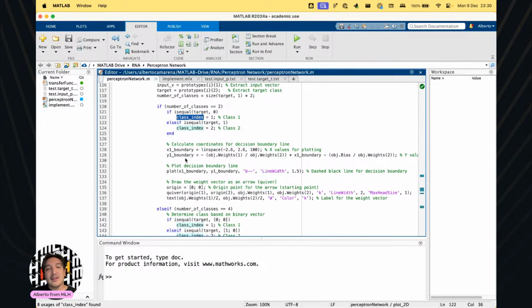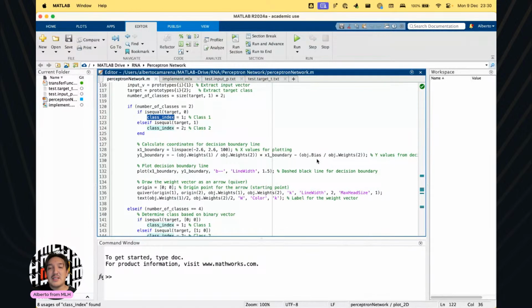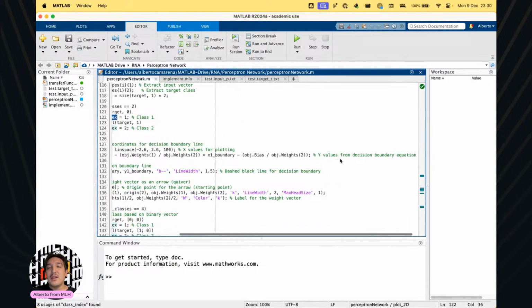Then the equation of the line will be given by minus the first value of the weights divided by the second value of the weights times all the boundary, minus the bias divided by the second value of the weights.